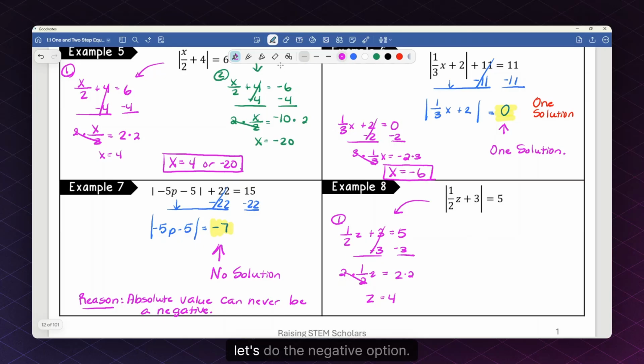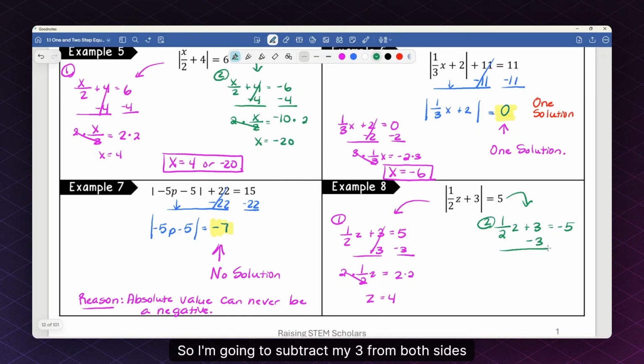All right, let's do the negative option. Okay, so when I set up my negative option, I've got 1/2 z plus 3 equals negative 5. So I'm going to subtract my 3 from both sides.